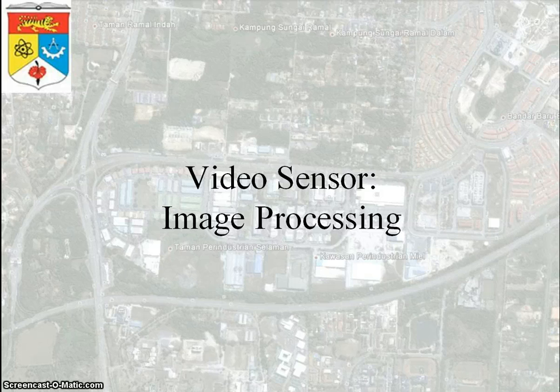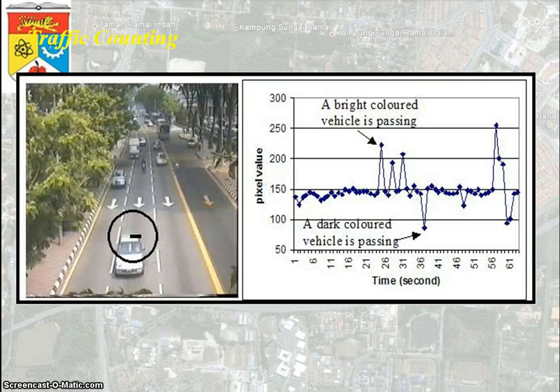And of course, we use image processing from the video images. For example, something like this, we just observe a few pixels in the middle of the road lane, and then from there we can count the traffic.